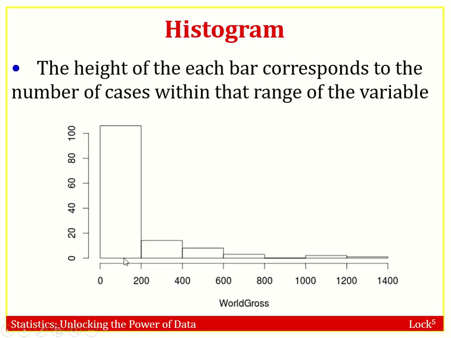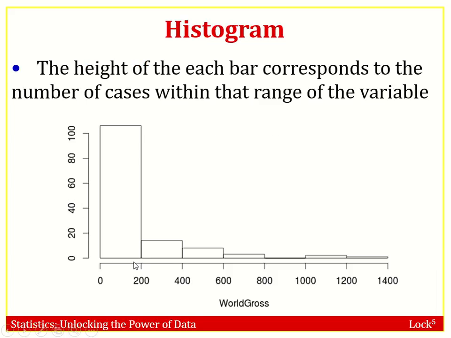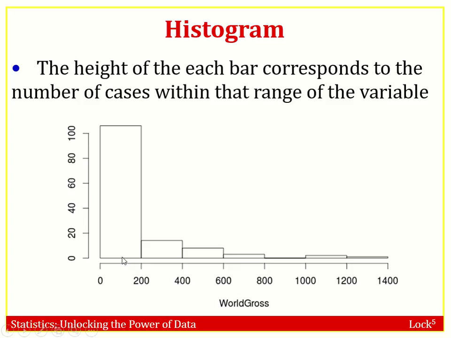And the height of this bar is a little bit more than 100. If we go back here, if we take from 0 to 200, and count up all these little dots and add all those dots together, that's where we get the height of this bar.